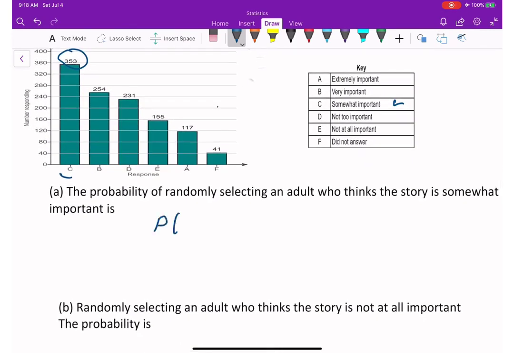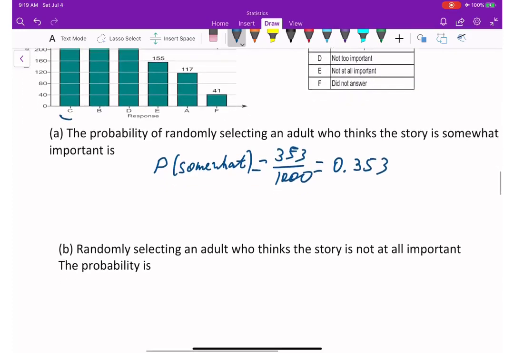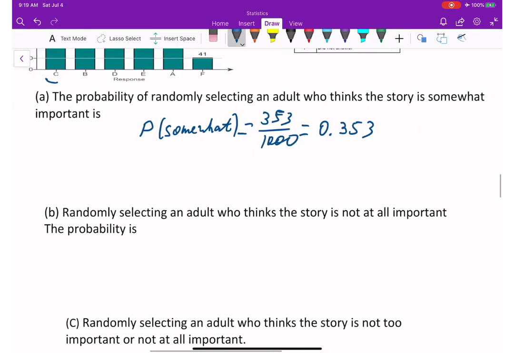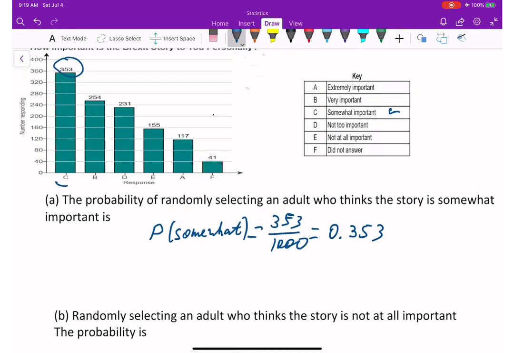So probability of somewhat important is equal to 353 over 1,000. This is 0.353. Next, randomly selecting an adult who thinks the story is not important at all. Where is not important at all?